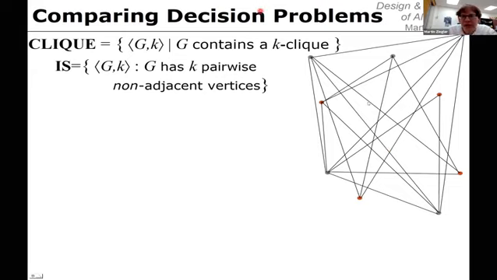Here's a hint. Look at the red vertices, which for some reason have been colored red, maybe for pedagogical reasons. So let's look at these two red vertices. There's no edge between these two vertices, so these two vertices are not connected, they are not adjacent.